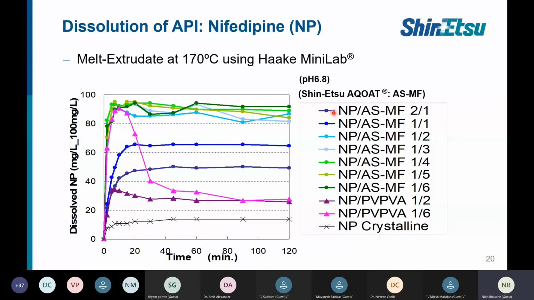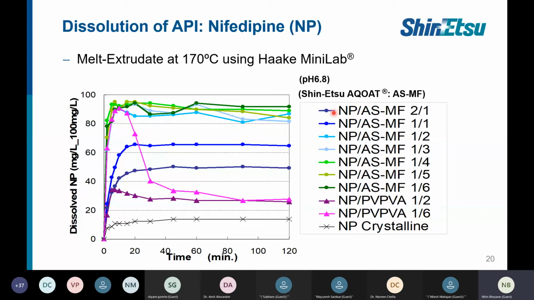And we again compare with some PVP based polymer and plain drug. You can see the plain drug is very much crystalline in nature. Solubility was not improved. Whereas when we get the extrude after running HME at 170 degrees Celsius, the solubility was very much improved.